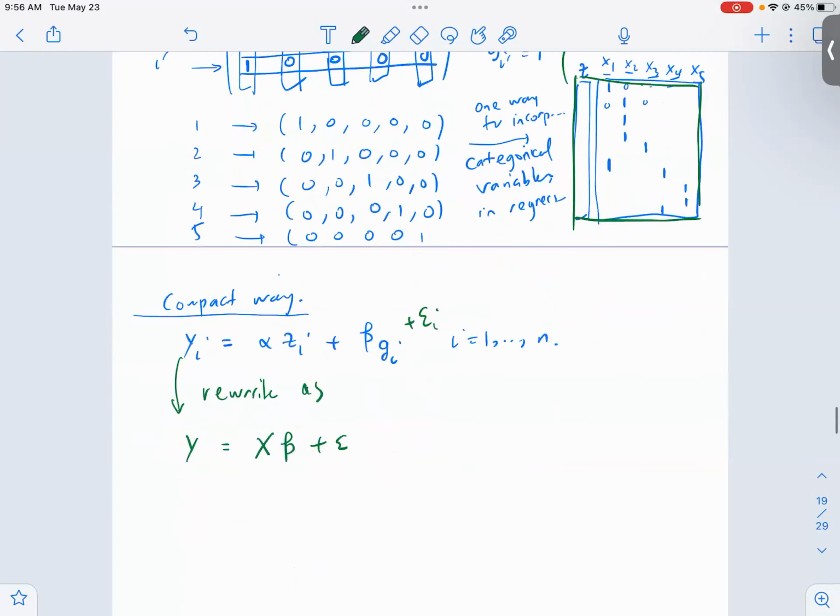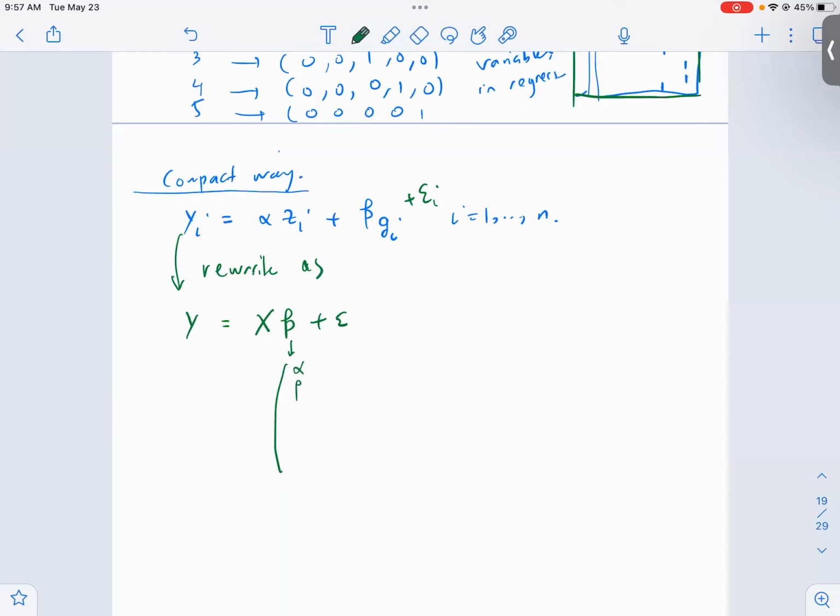Beta here would be alpha, beta 1, beta 2, up to beta 5. This X is Z, X1, up to X5. Actually, they don't have to do anything. Just writing it like this would work. If I just multiply this X by that beta, yes.